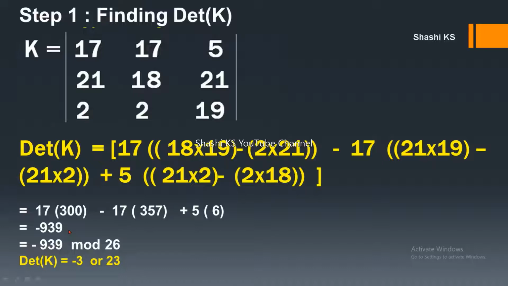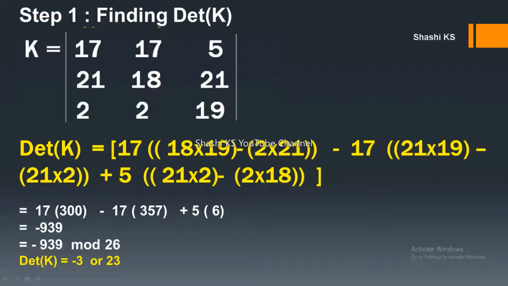The final value which we get for determinant of K is minus 939. We are doing modular 26 operation. All arithmetic operations are performed mod 26 here. And so when we do minus 939 mod 26, we would be getting a negative value of minus 3. Already I told, when we get a negative value in this mod 26 operation, if you want a positive value, we can do minus 3 plus 26.